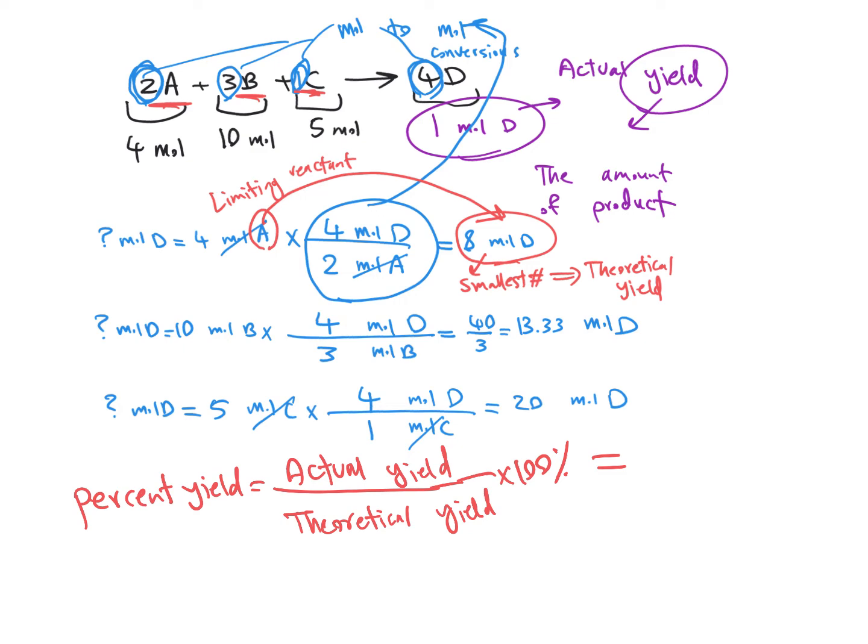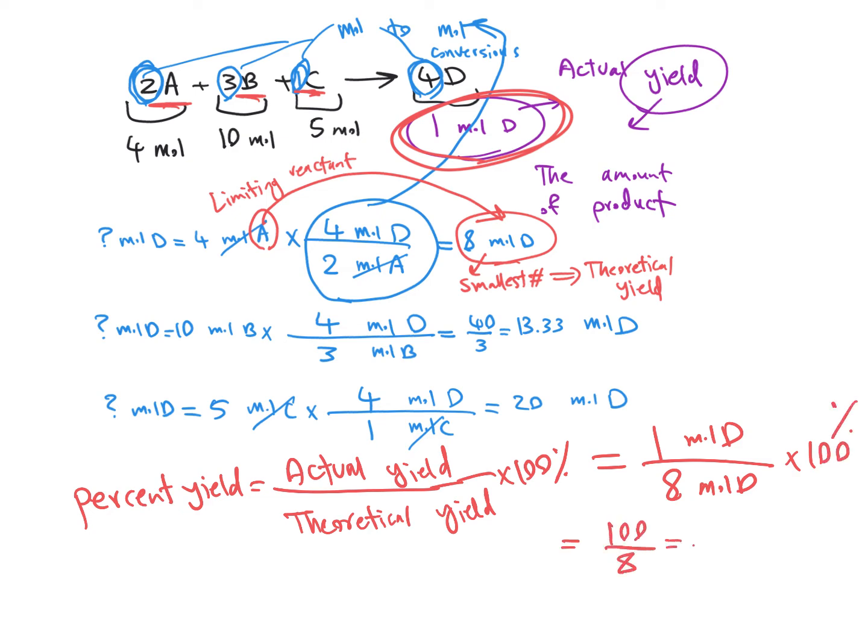What's that? 1 mole of D right here. What was my theoretical yield? Exactly. Multiply by 100%. So that is 100 over 8. That would be 25 over 2, 12.5%. Right? Questions? Is that good?